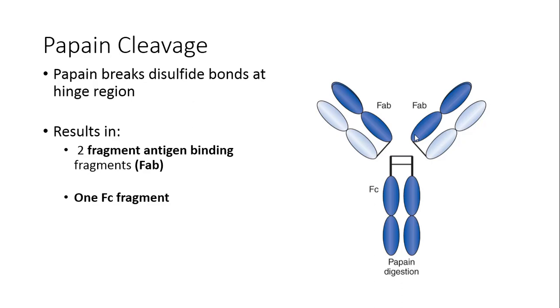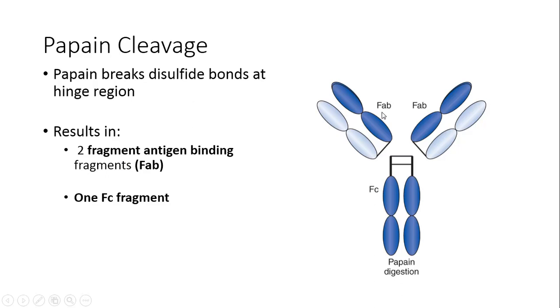They discovered that the enzyme papain could break down the disulfide bonds, specifically the disulfide bonds at the hinge region only. Cleave comes from the word cleavage, which is to break. So it breaks the disulfide bonds in the hinge region, and it resulted in 3 fragments.